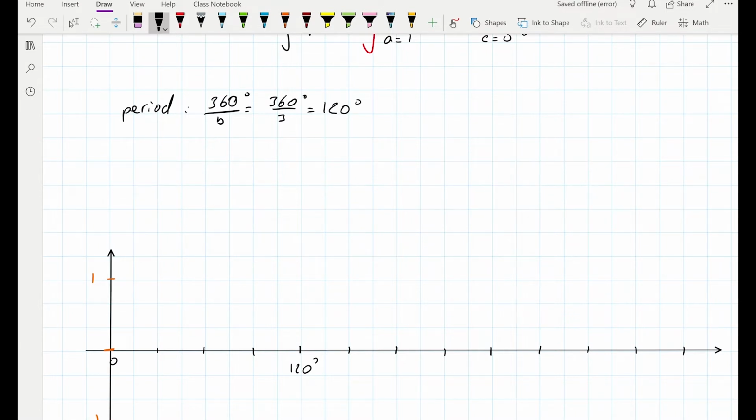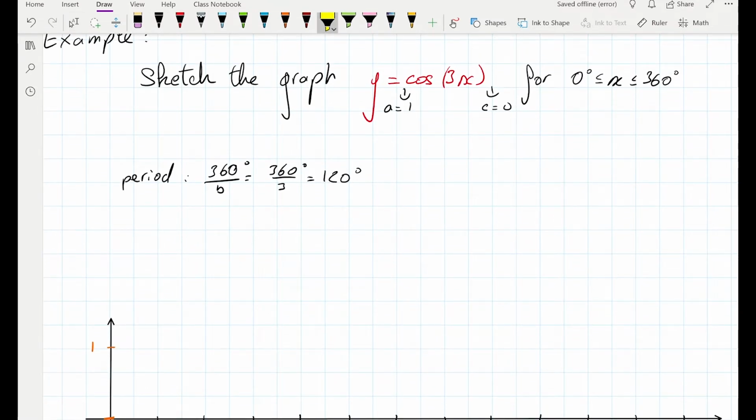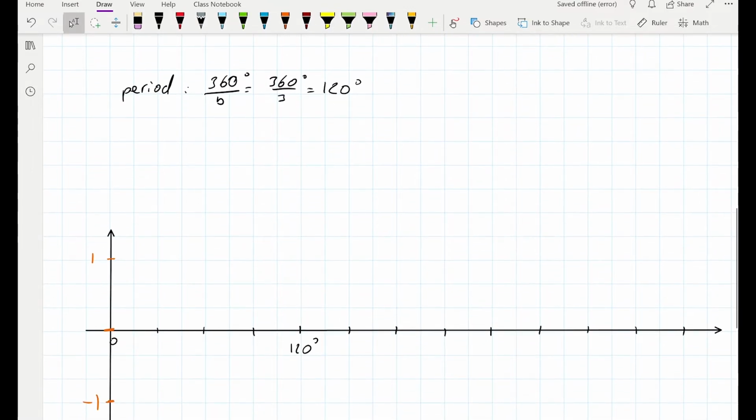As trigonometric functions are periodic functions, I know that between 0 and 120 I'm going to have one full period, but I want to graph my function for x between 0 and 360. So I need to continue beyond 120, and I know that every 120 degrees I'm going to get another period.